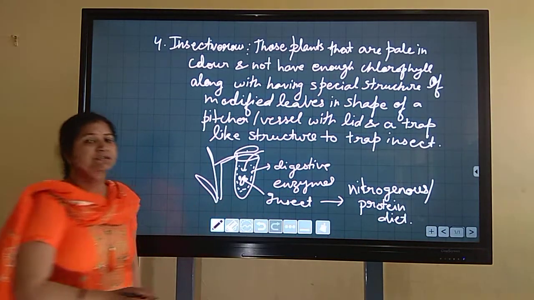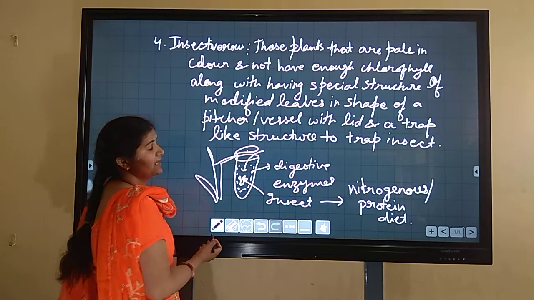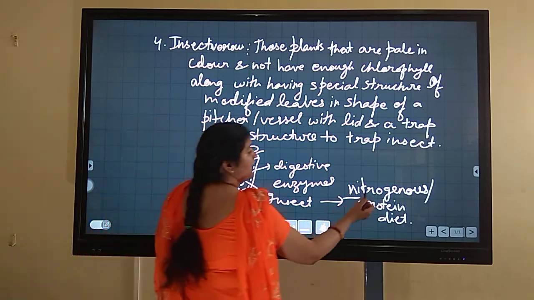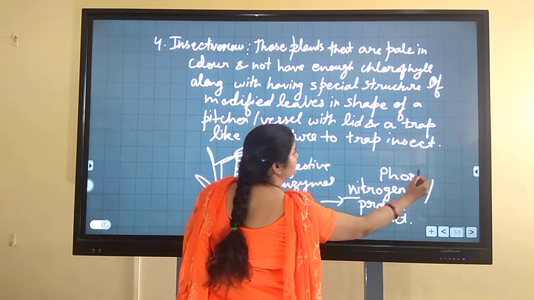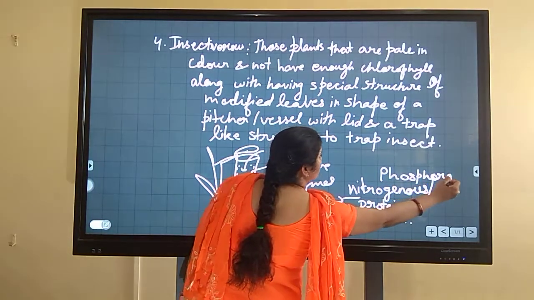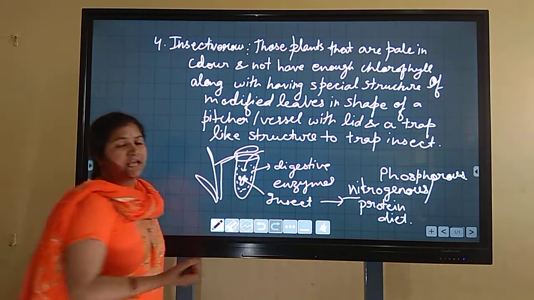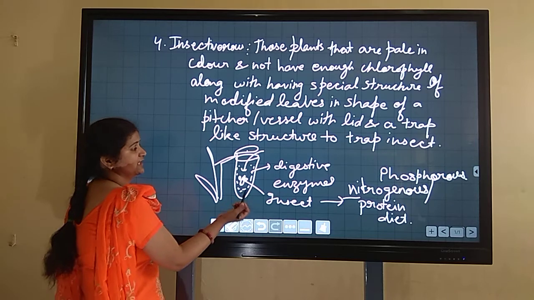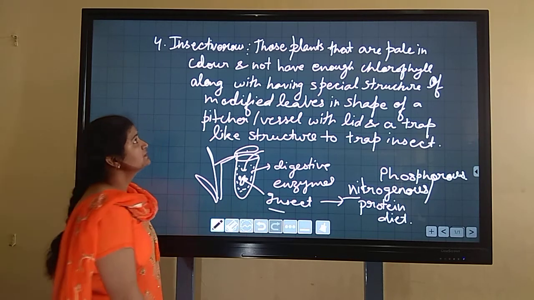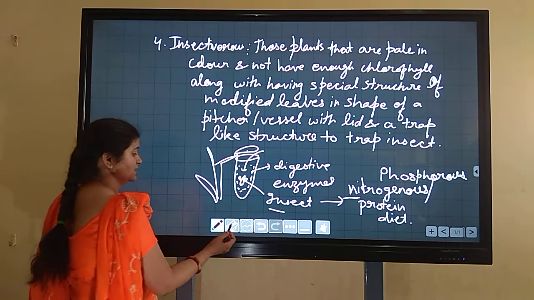These plants are generally grown in areas in which the nitrogen and phosphorus content is low. So to get this type of nutrition, they have to digest the insects. So this is the insectivorous type of plant.